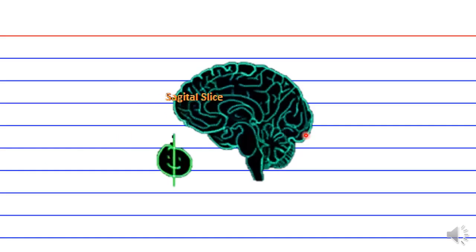From here to here, we have a naturally occurring break in our skull because the skull isn't exactly uniform. It's fused by some cartilaginous material. I don't know how to pronounce that word. If you were to slice someone's head in half like this, you would get this sagittal slice. And this sagittal is spelt wrong. It's supposed to be two T's, okay? So just take this all in for a moment.